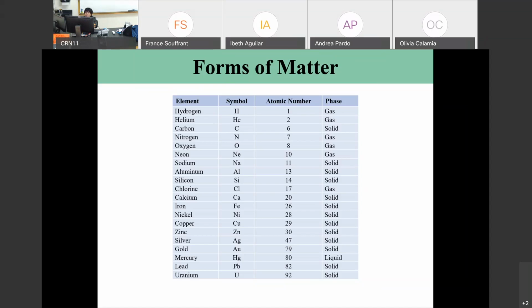So all of those are noble gases. And then we divide the periodic table by metals, non-metals, and by radioactive elements as well at the bottom, all based on their atomic number. Okay?